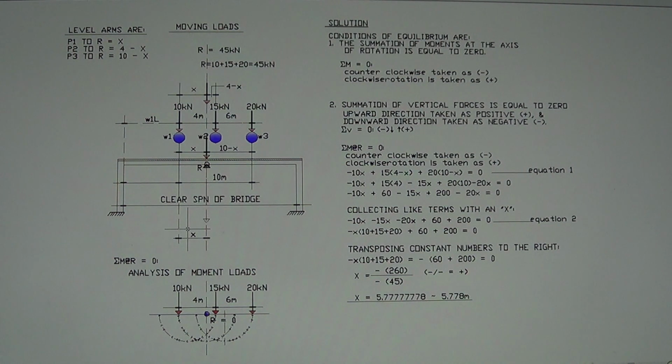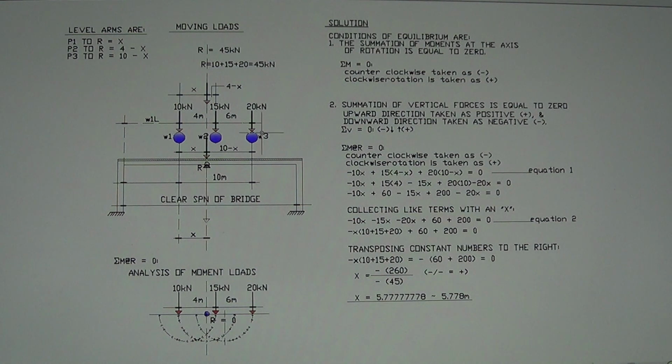Now when x is found, that is the time you apply the resultant load to the bridge, depending on the position of these 3 wheels. The position of these 3 wheels depends on the distance of the first wheel to the support of the bridge. Alright, so W1L is the distance of the first wheel to the support.